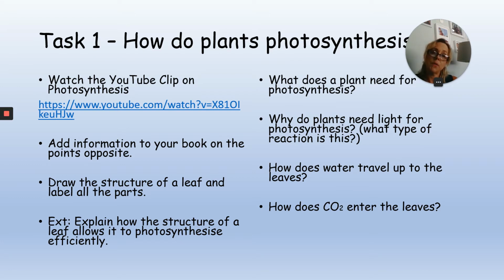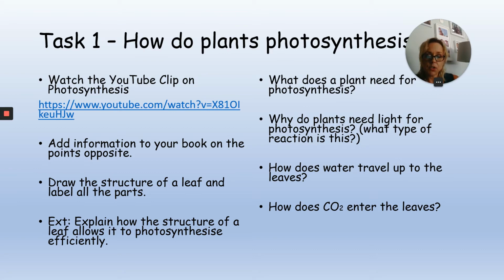The next bit, how does water travel up to the leaves? So think about how water actually gets into the plant, in the roots. How does it actually then get up to the leaves where photosynthesis is going to occur? And how does CO2 enter the leaves? All of these are really important in understanding the process of photosynthesis, because without these things, it can't happen.